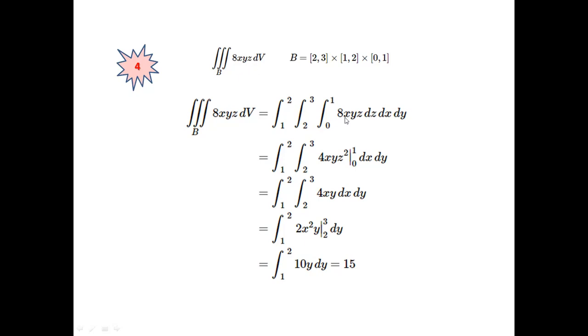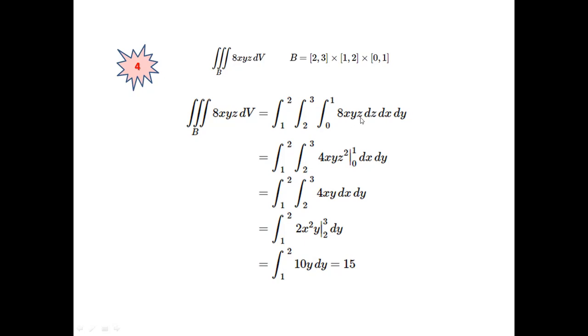Since 8 is a constant, you can write it before the integral, but in this case, you can have it here because it will not be cumbersome when you do the integration. In this case, we did integration with z followed by x and y. So you have to use the 0 to 1 limit for the z, then followed by the x, which is 2 to 3, and for the y, which is 1 to 2. When you integrate in terms of z, the x and the y are considered constant.